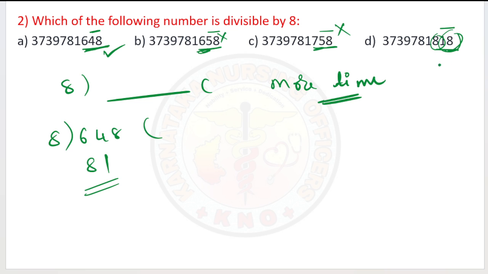No. Hence option B, option C and option D are eliminated, and option A will be the correct answer for this question. That is, the option A number is completely divisible by 8.